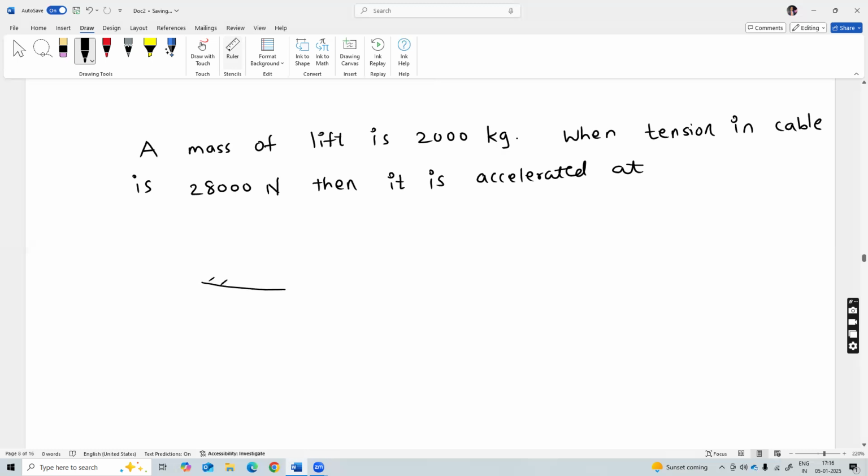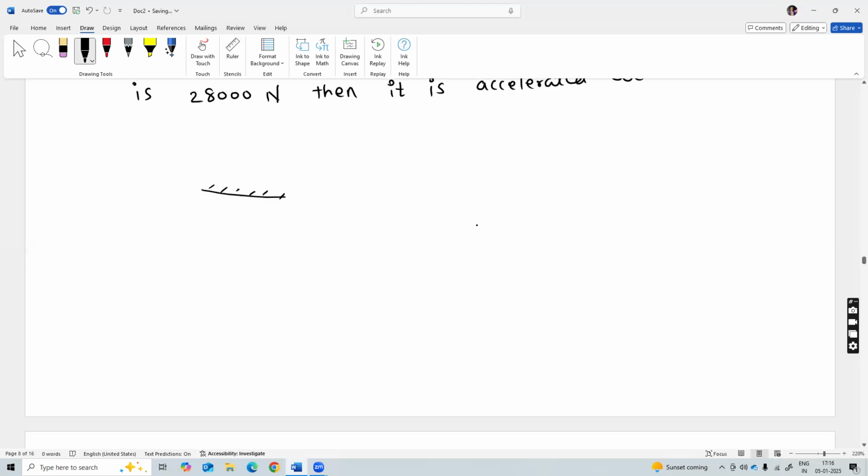So I think you were not there when we learned what the tension is if the lift is going in upward direction and how much the tension is when it is going in downward direction. So let's say we have a cable and the lift is connected to the cable. We'll consider two cases.